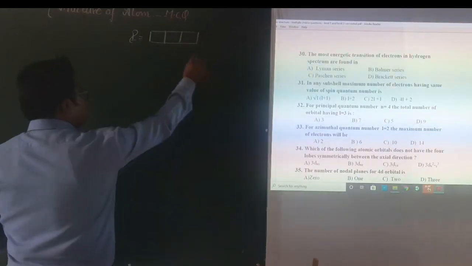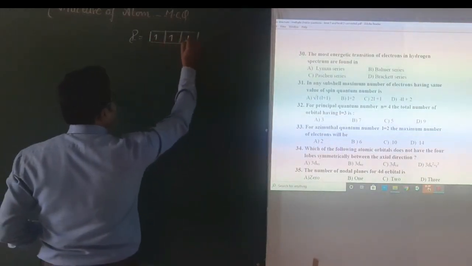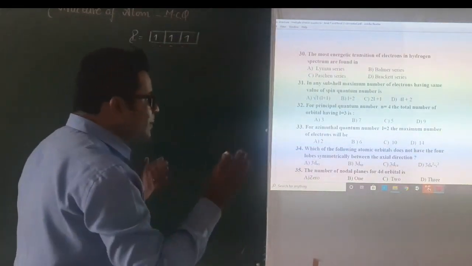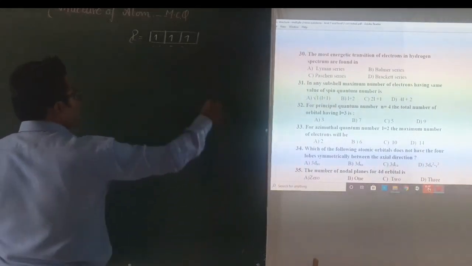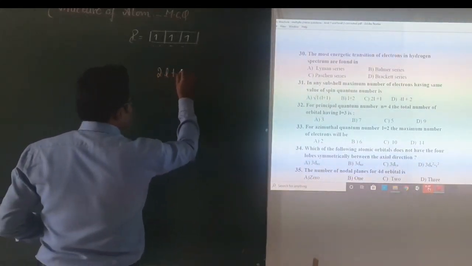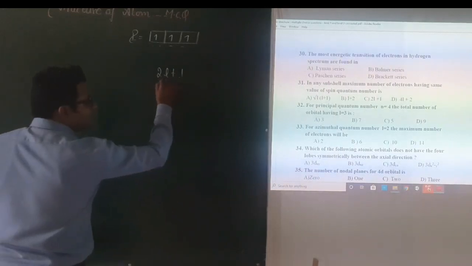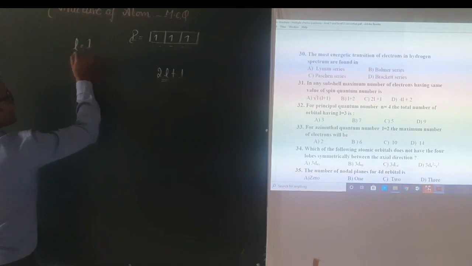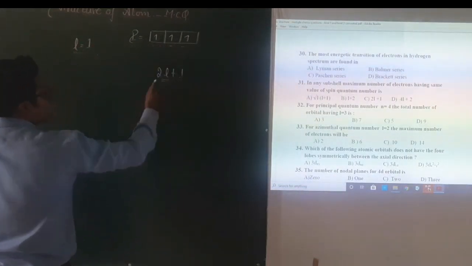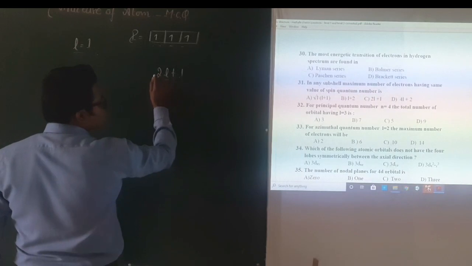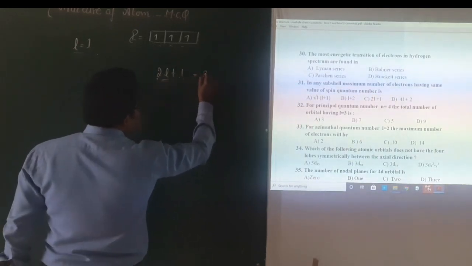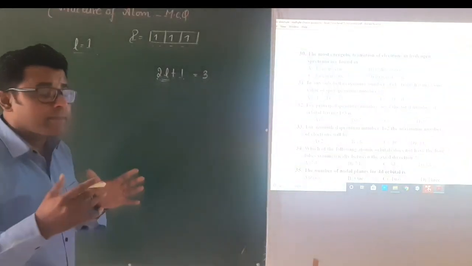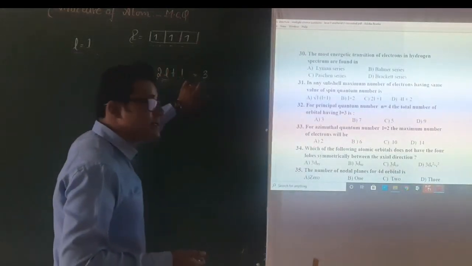To calculate how many electrons have the same spin, we apply the formula 2l plus 1, where l is the azimuthal quantum number. l for p is 1. So 2 into 1 is 2, 2 plus 1 is 3. Therefore, the maximum number of electrons with the same spin can be 3.